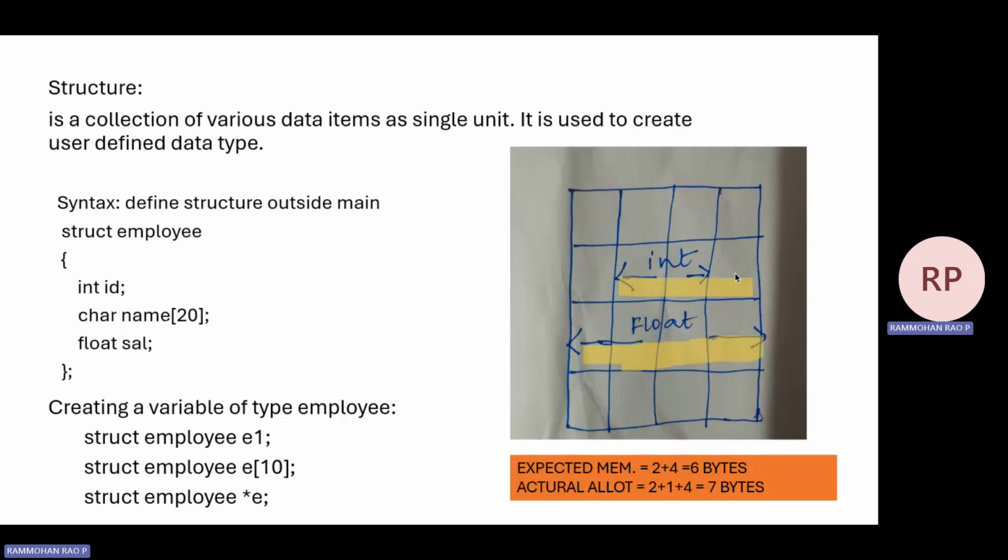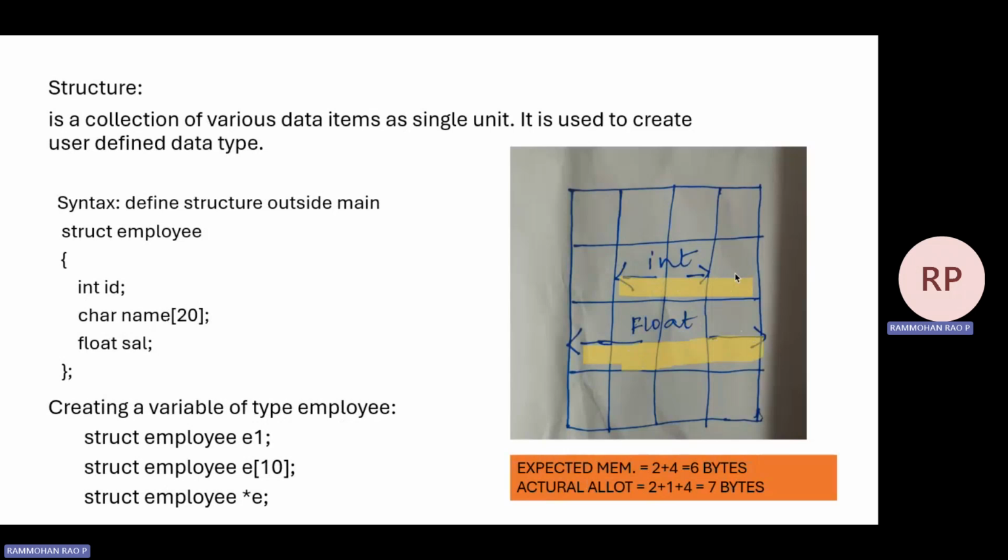If you see the size of the structure when memory allocation is done, you will get the standard sum of all these members' sizes only. But in rare cases, sometimes you may see 1 or 2 bytes of extra allotment. If that happens, padding is the reason behind it.